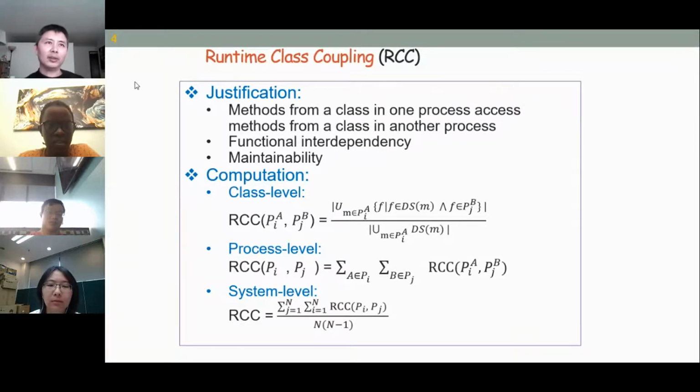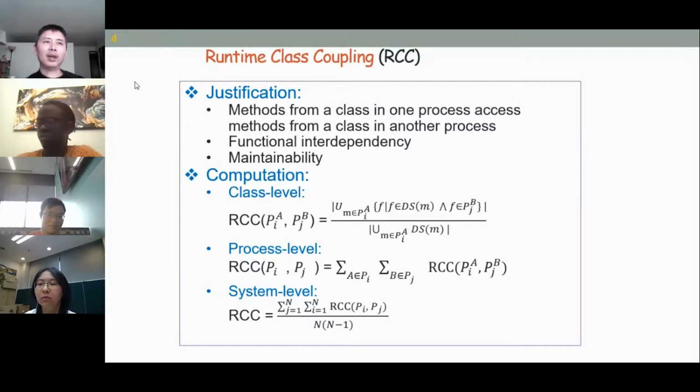RCC indicates functional interdependencies, and it can be used for assessing changeability. I define and compute RCC at the class level, process level, and system level.